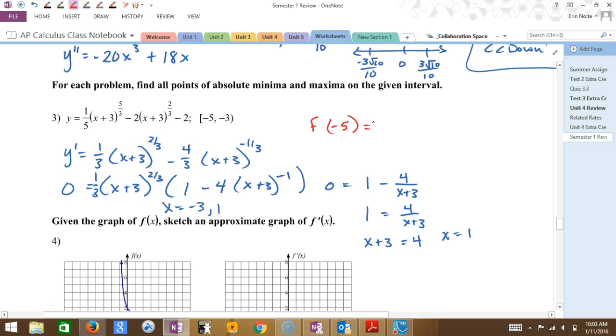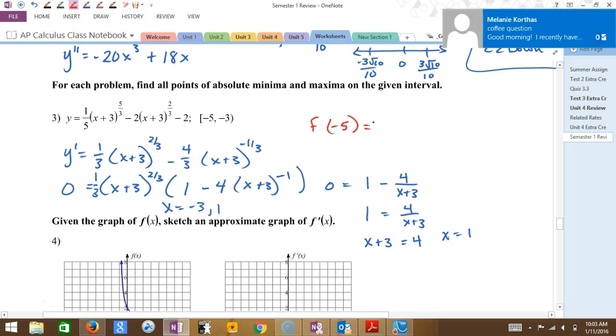I think we should just graph it. Yeah, I think so.